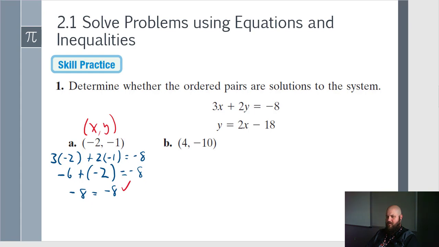Okay, so let's do this next equation in a different color here. So now our y equals 2x minus 18. So our y is -1 equals 2 times our -2 minus 18. All right, so -1 equals 2 times -2, which is going to be a negative value because we have a positive and a negative. Negative rules in this case, and there's only one of them. So negative 2 times 2 is 4, and then minus 18.